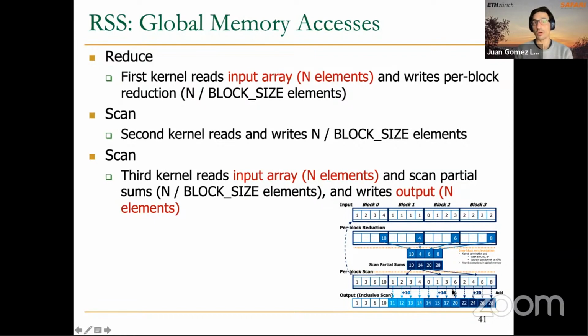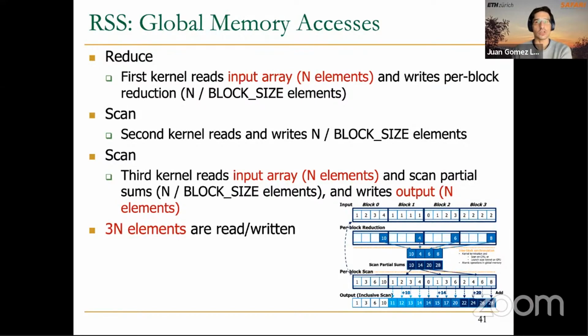After performing the per block scan, we add the offsets that we calculated in step 2, and we write the output of n elements. So in total, it's 3n elements that are read or written to global memory instead of 4n, as we had in the scan-add version of the inclusive scan that we started discussing in this lecture.